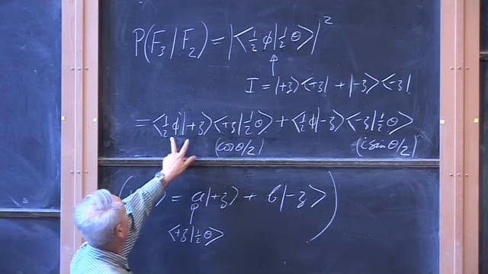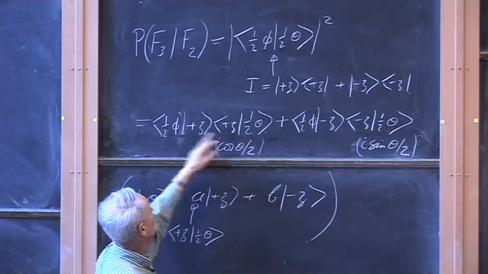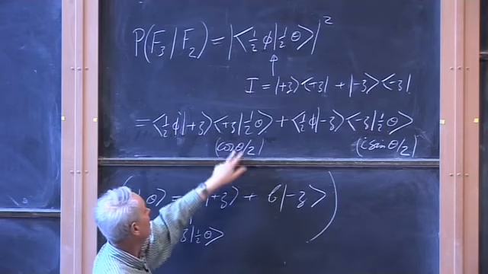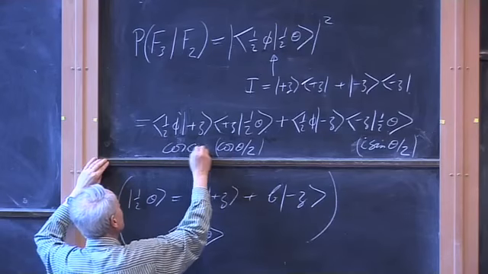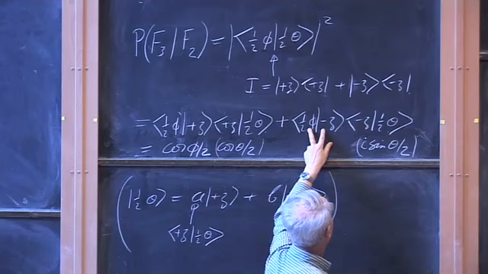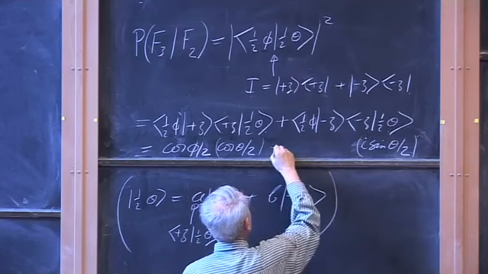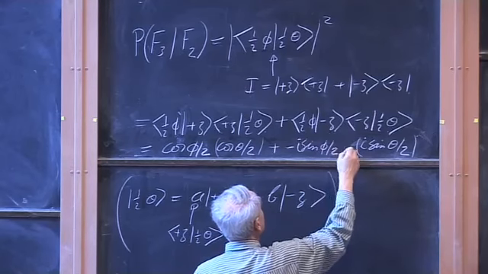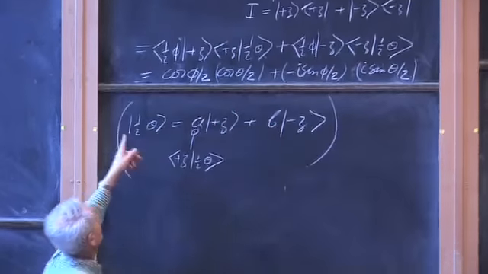All right, now, back to this. The complex conjugate of this is essentially the same as that, with theta replaced by phi. So we know that this will be the complex conjugate of this with theta replaced by phi. This is in fact real, so this is going to be cos phi over 2. Similarly, the complex conjugate of this is the same as that with theta replaced by phi. So I now have to write down the complex conjugate of that, which is minus i sine phi over 2. So that's what that comes to.